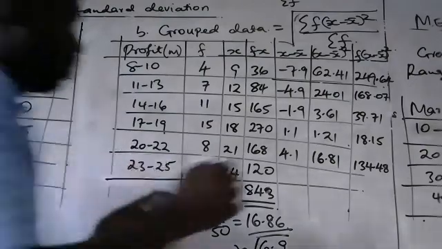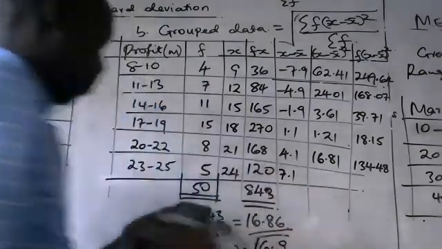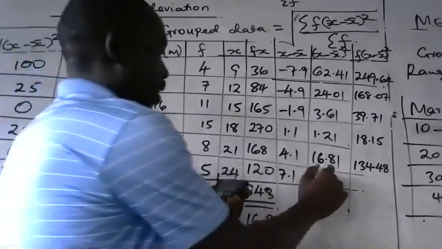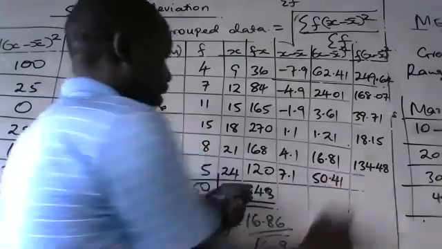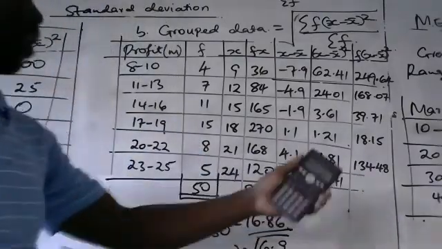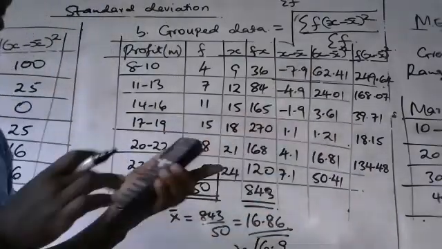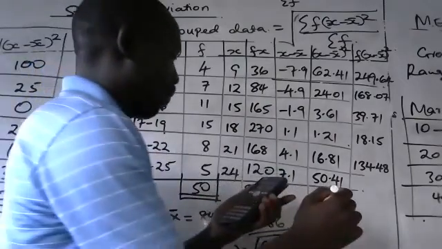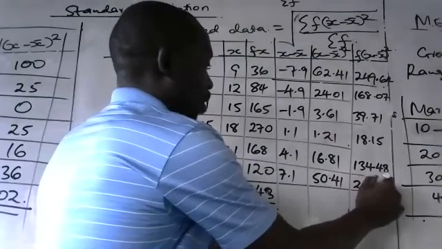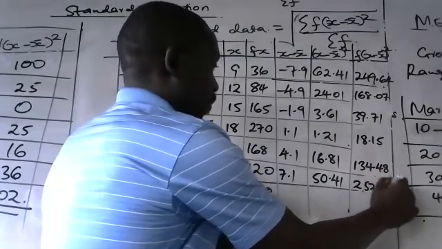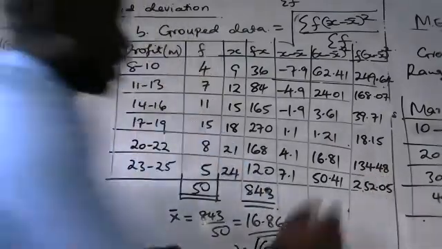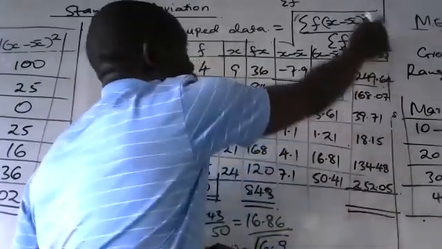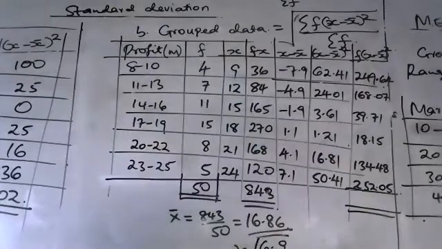You get 7.1. You square that. You get x minus x bar squared, coming to 50.41. Then the value you get for x minus x bar squared, you multiply by frequency, which is 5. You get 252.05. After getting that, you need the sum for that column, because that is what is in the formula.